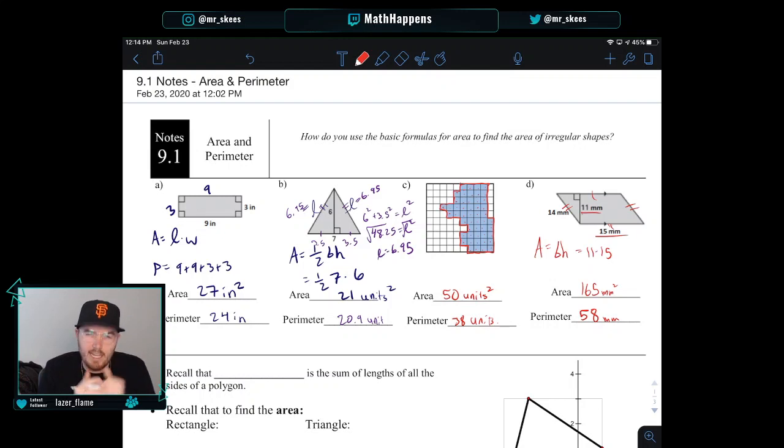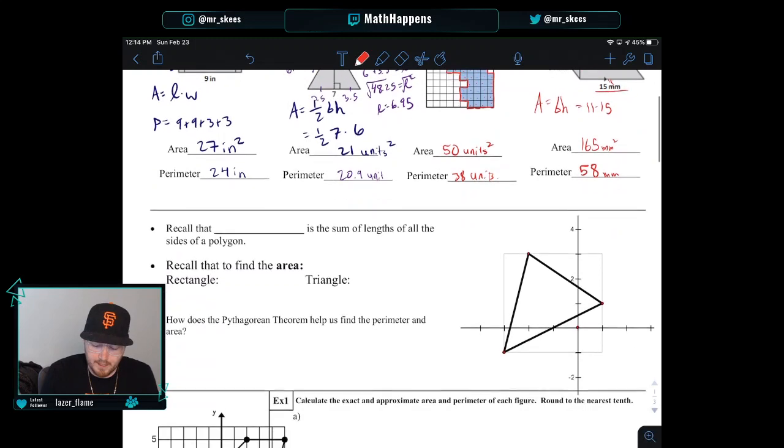But now, where these figures had an obvious way to calculate them, I think we for the most part all know that a rectangle is length times width, and we know that a triangle is 1/2 base times height. I feel like there's probably a pretty good chance that you know those things. And that's great. Those are really easy to calculate, and there will be problems that are that easy.